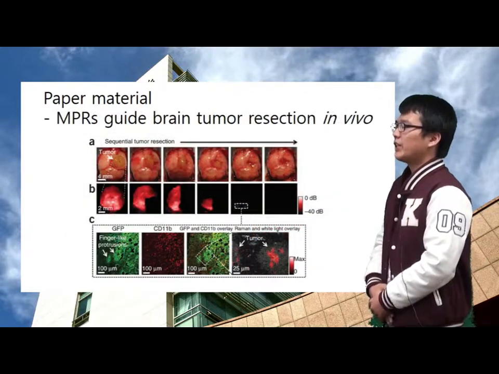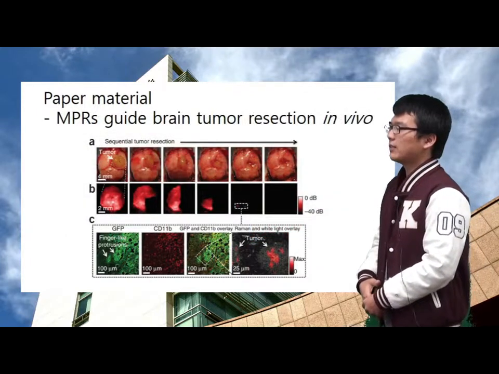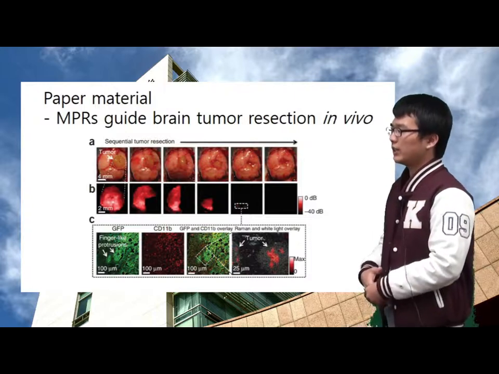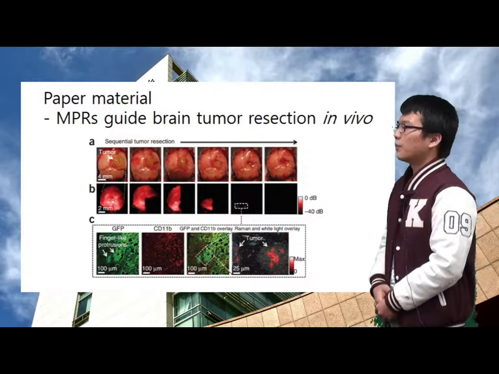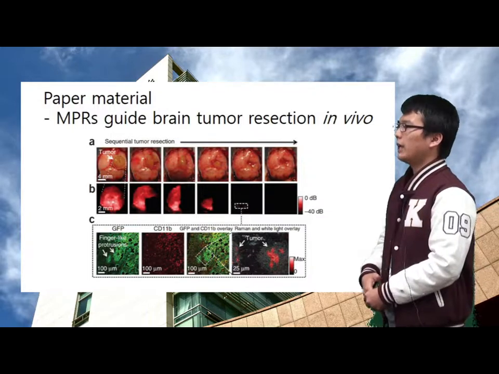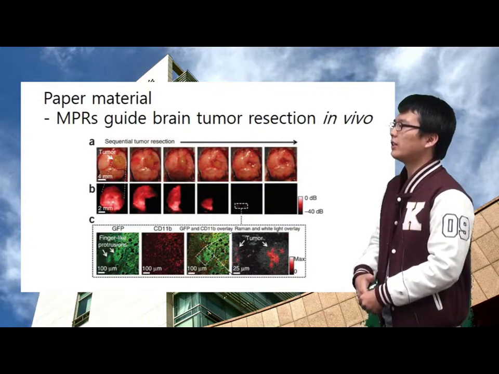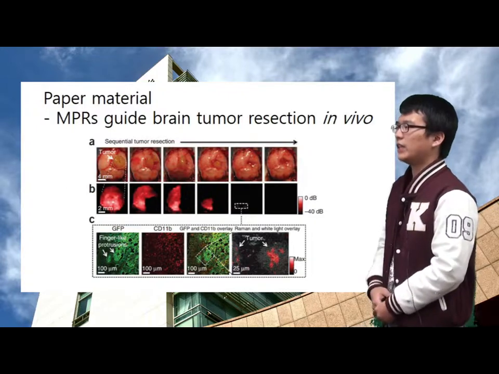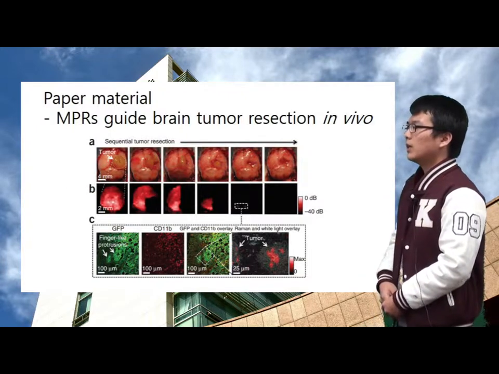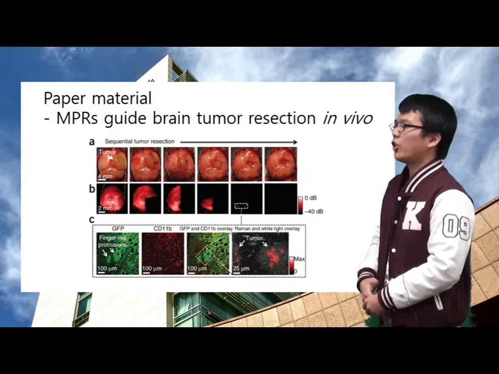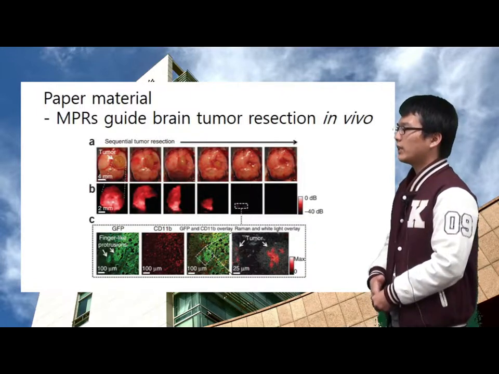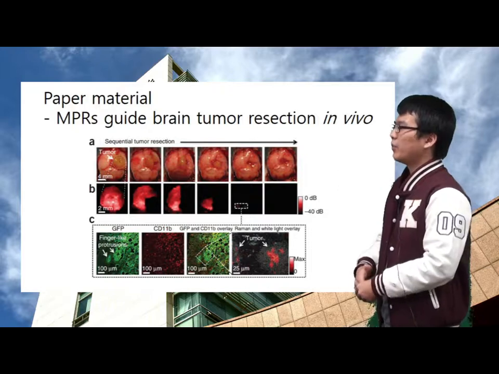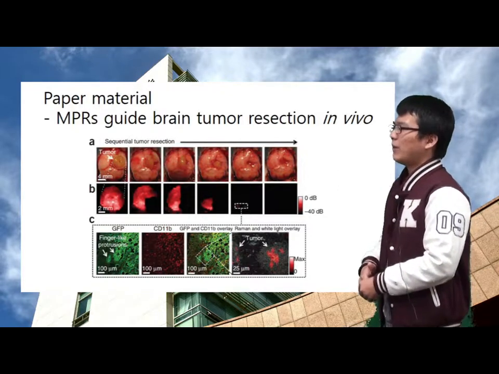After the verification, they introduced these nanoparticles in an actual case, and they actually did surgery on the mouse brain. This MPR nanoparticle guided the brain tumor resection with MRI, photoacoustic, and Raman imaging.